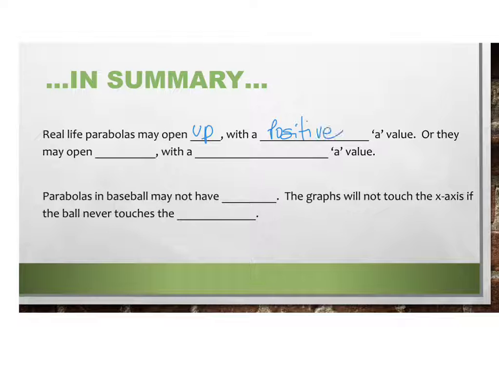And then this means this is down and has a negative A value. Parabolas in baseball may not have the same equation or roots. The graph will not touch the x-axis if the ball never touches the ground.